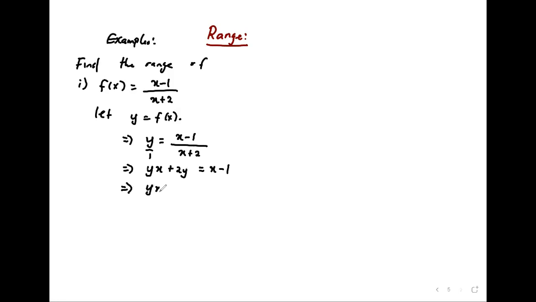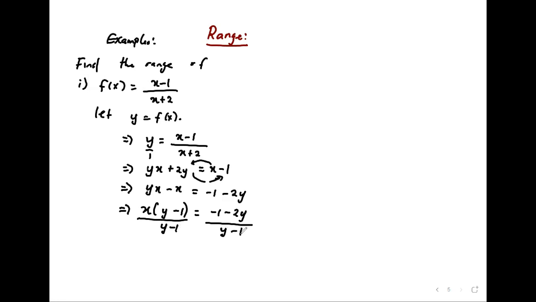So we'll have yx minus x, meaning I take this x other side and this guy the other side, is equal to -1 minus 2y. To solve for x, we factor out this x and remain with y minus 1 is equal to -1 minus 2y. Divide by y minus 1. So x is equal to -1 minus 2y over y minus 1.